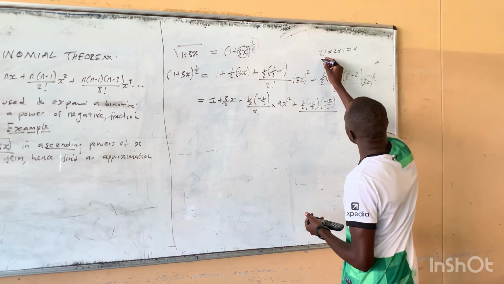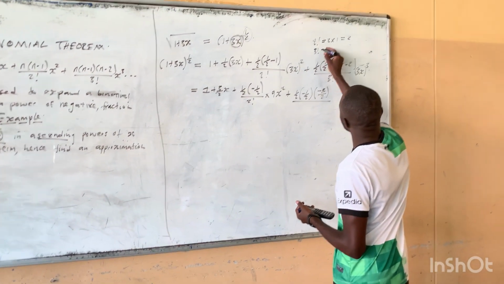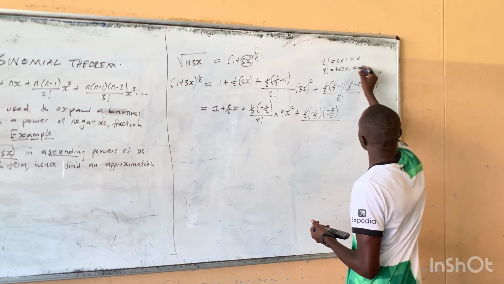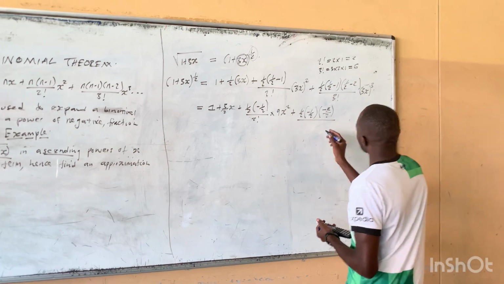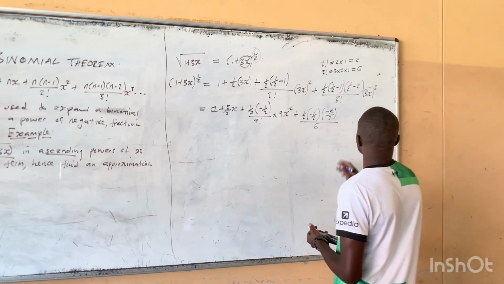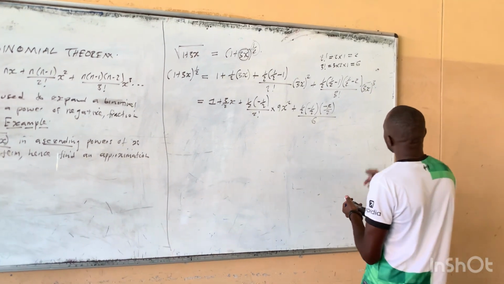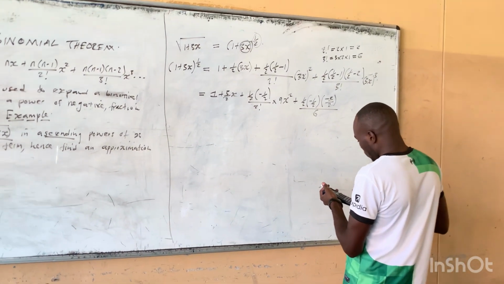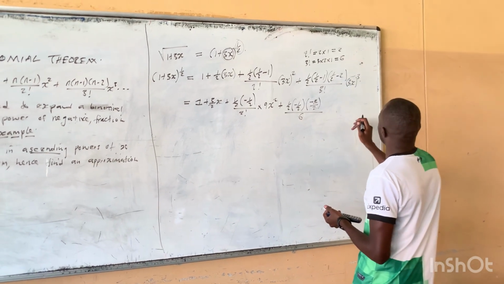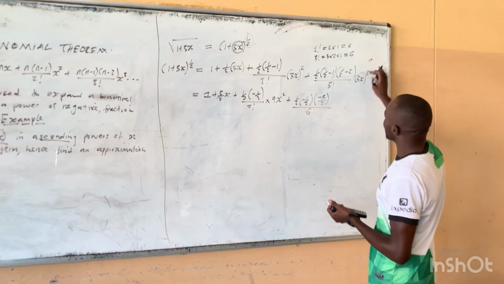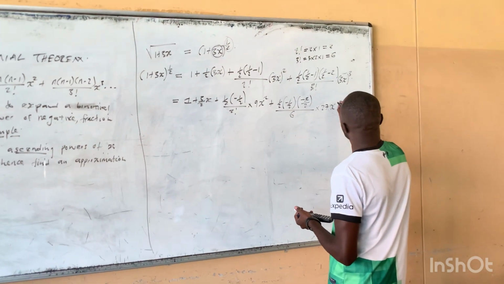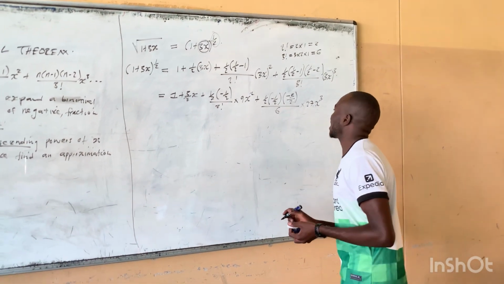We are doing the same again: 3 factorial is 3 times 2 times 1, which gives 6. So where there is 3 factorial, we substitute 6. Again you need to be careful, this 3 is on both 3 and x. So 3 to the power 3 gives 27, then x to the power 3, like that.